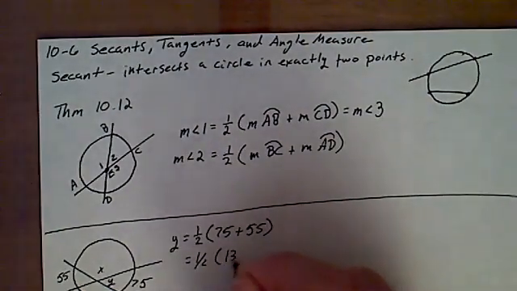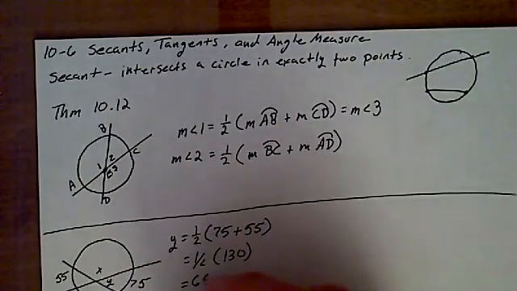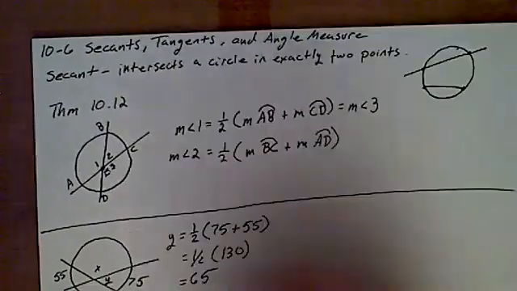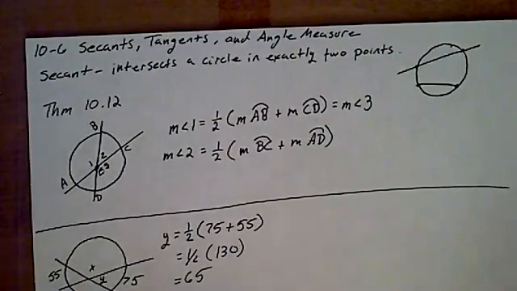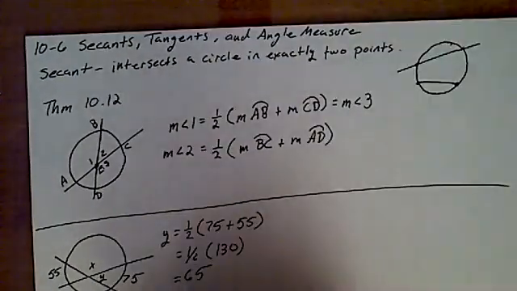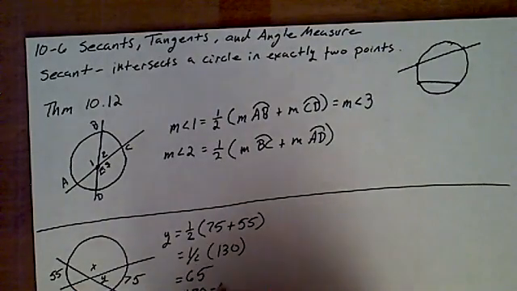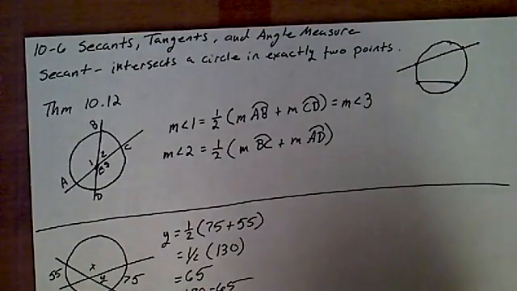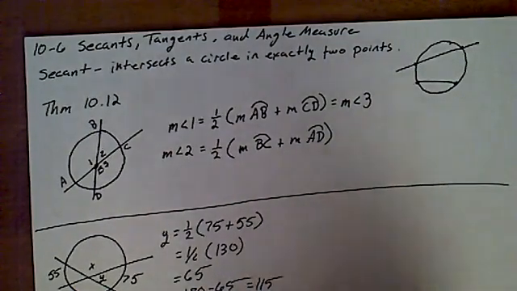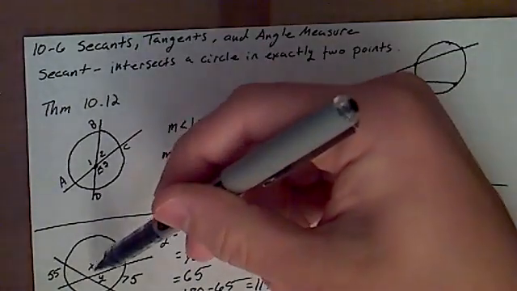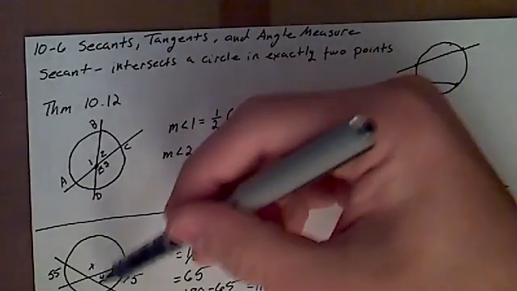That's half of 130, which is 65. That means X must be, well, X and Y are supplementary angles. So 180 minus 65, which is 115.